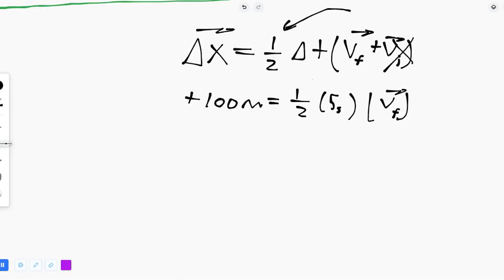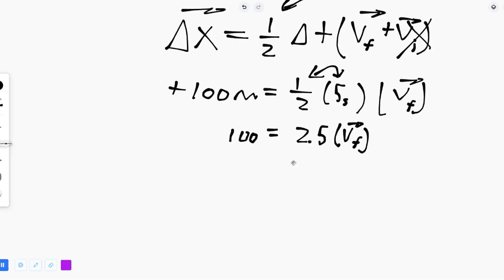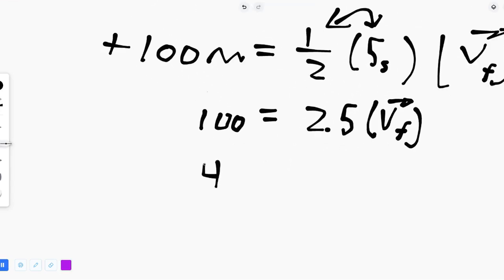So I'm going to multiply these two things together. So that's going to be 2.5. This is 100. And then this is VF. And I'm going to divide by 2.5. So this will equal 40. And then it's meters a second.